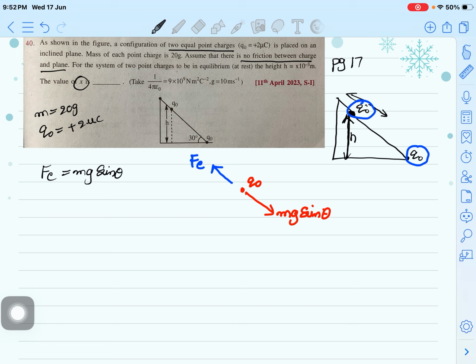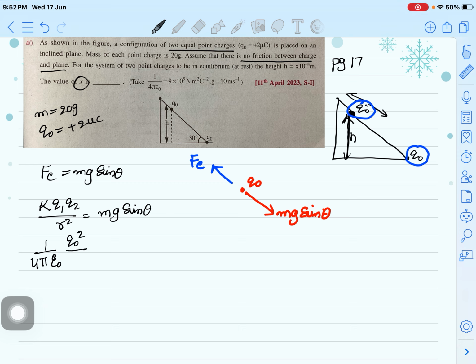So the electrostatic force, K Q1 Q2 by R square, equals mg sin theta. K is 1 by 4 pi epsilon naught, and Q1 and Q2 are both Q naught, so it becomes Q naught square by R square.